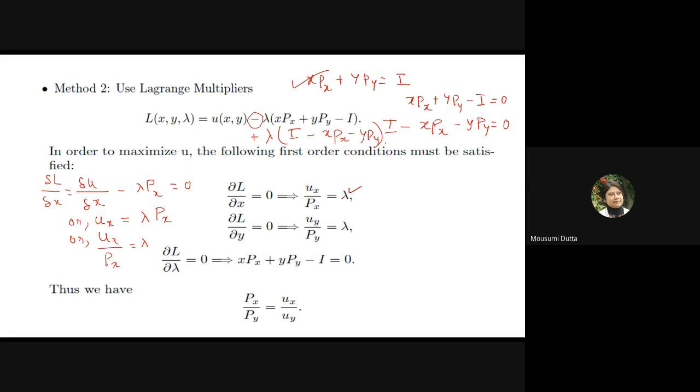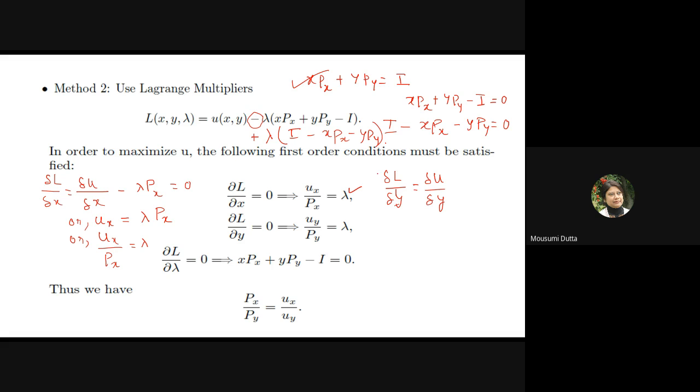Similarly, if I take derivative of this L with respect to y, we are getting del L by del y is equal to del u by del y. U is function of both x and y. U is a function of x, y.